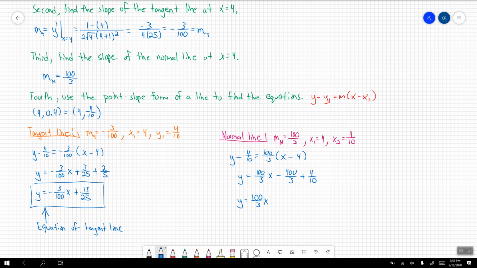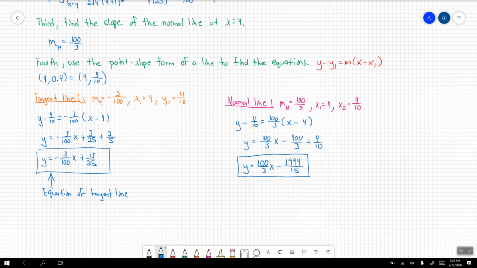And you should get that this is negative 1,994 divided by 15. And again, look at this. We have no approximations here. Everything is kept exact. And again, this is the equation of the normal line.